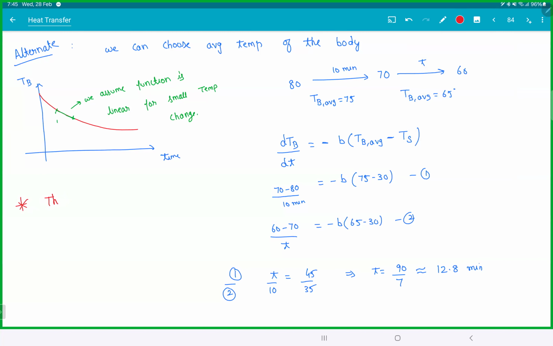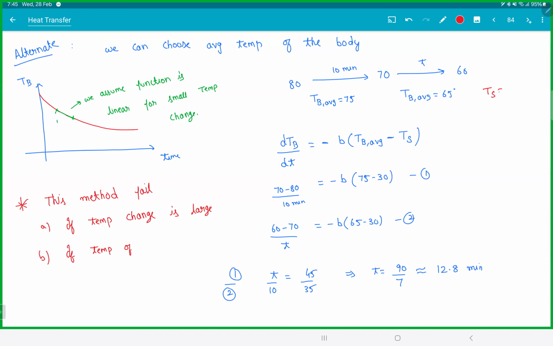This method fails if the temperature difference is too big. It won't be linear anymore. Maybe 5-10 degrees is fine. But if your temperature difference is 40-50 degrees, it's messed up. Second thing, if the temperature of the body is pretty close to the surrounding, surrounding temperature is 30.